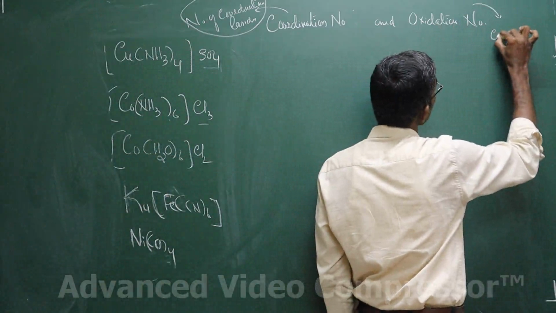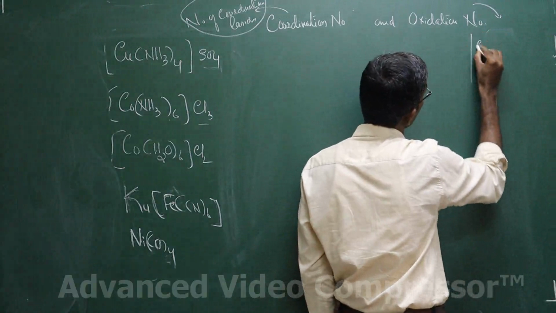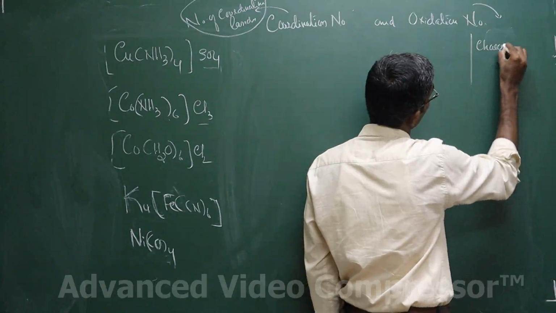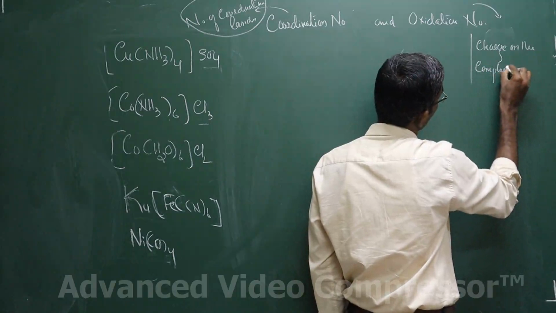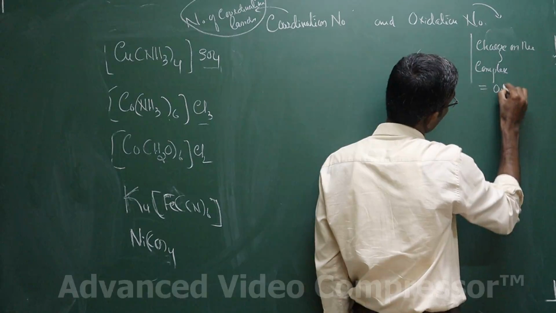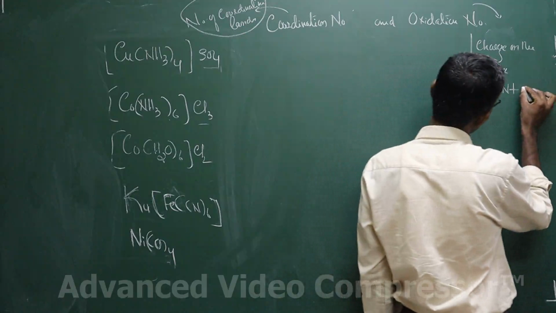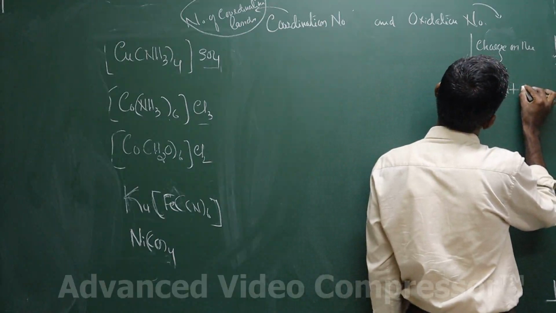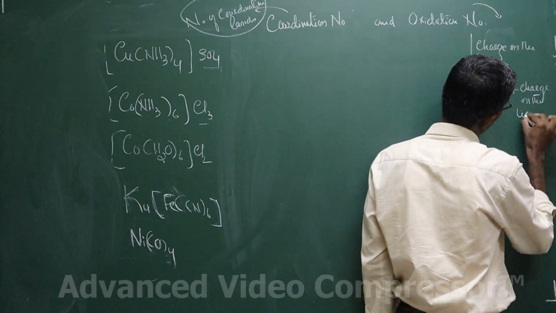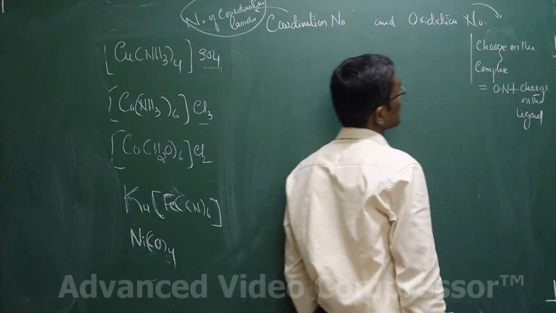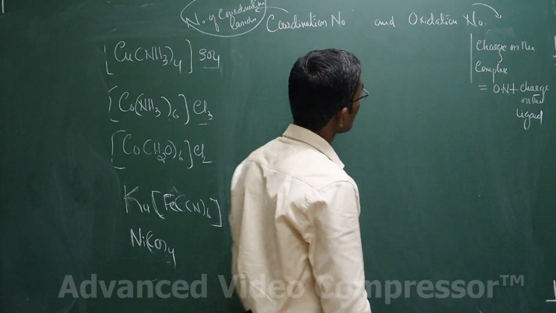Charge on the complex is equal to oxidation number plus charge on the ligand, correct?